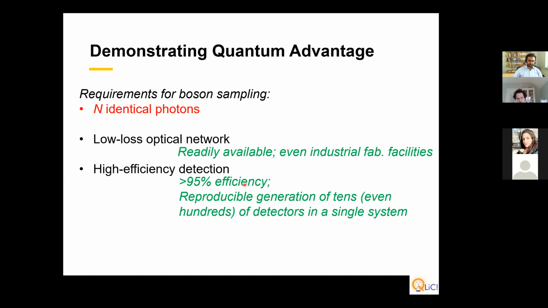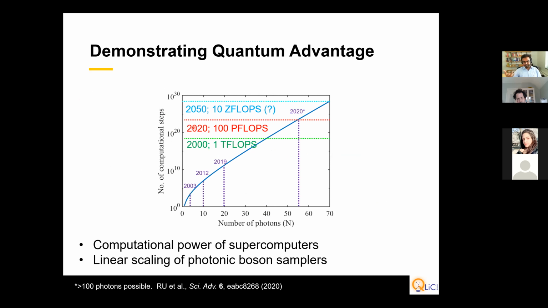I'll come to this point later in my talk. But the nice thing is that it's possible to generate several tens of detectors with very high detection efficiency. So the key question that's left is, how do I generate these n identical photons? That's what I will talk about. And to get a better perspective about how many photons, right?